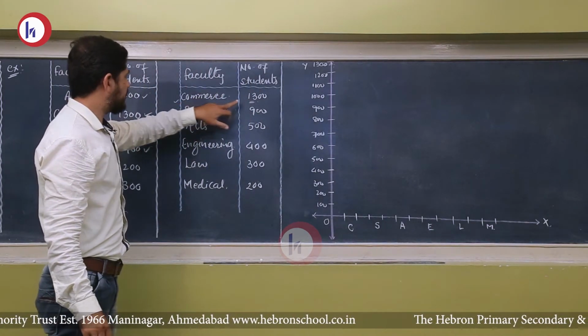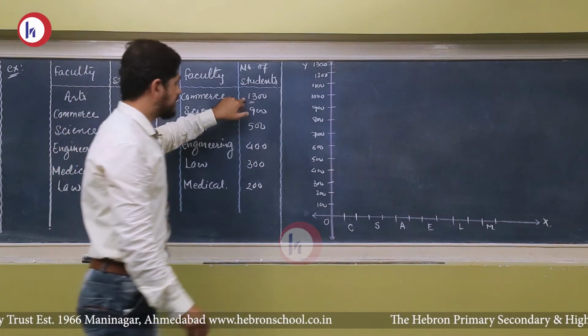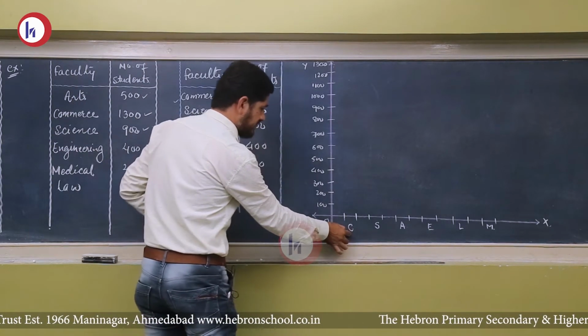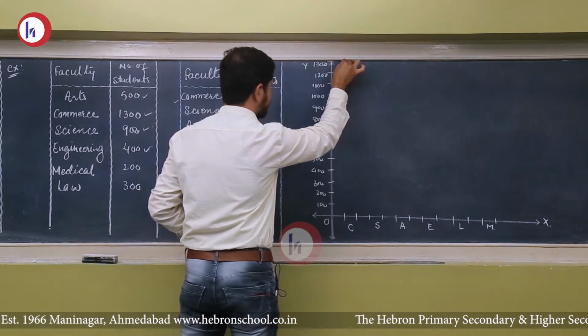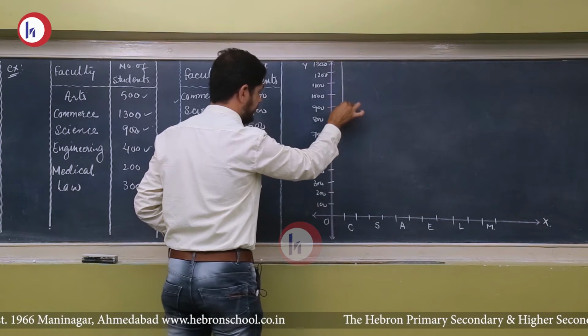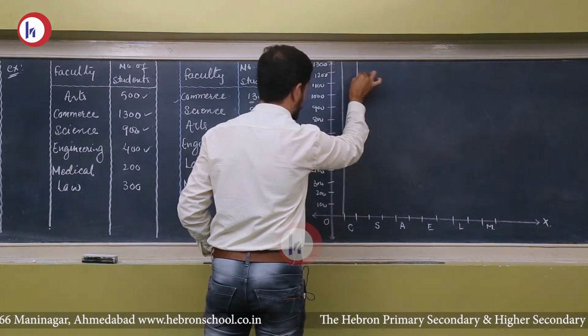Okay, so the number of students in commerce is 1300, so it extends up to 1300.